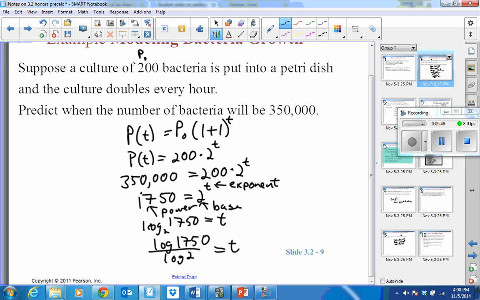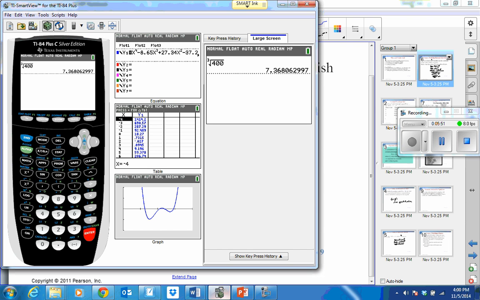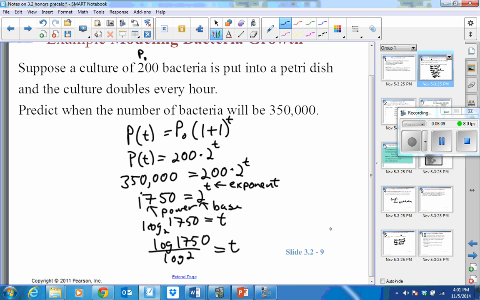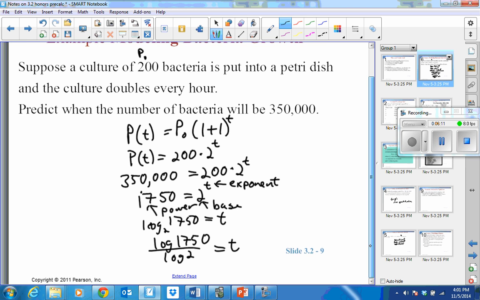So I'm going to go ahead and do log of 1750 divided by log of 2, and we get that it's going to take 10.77 hours before the number of bacteria is 350,000.